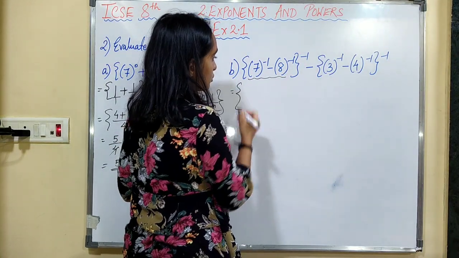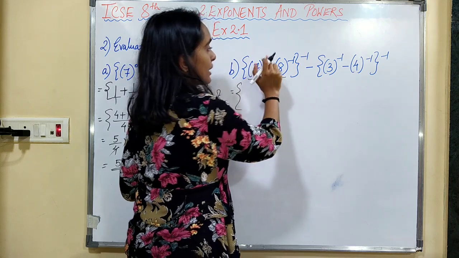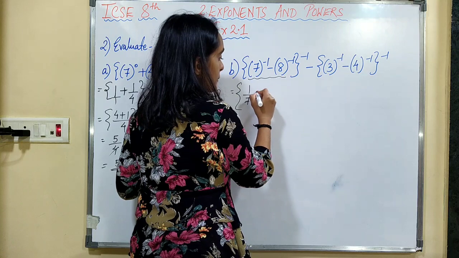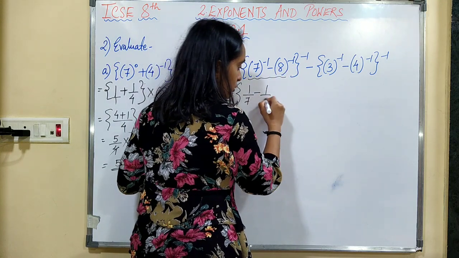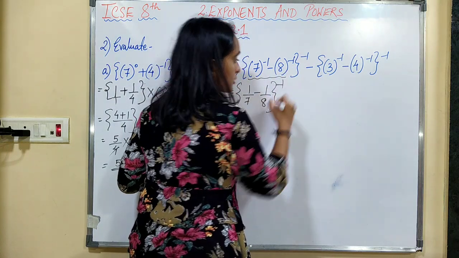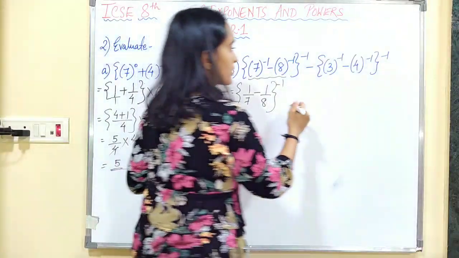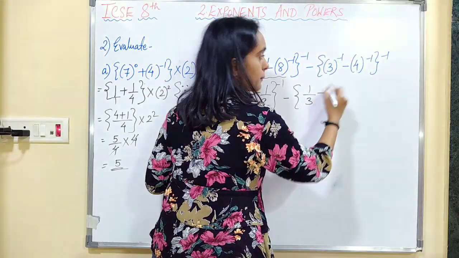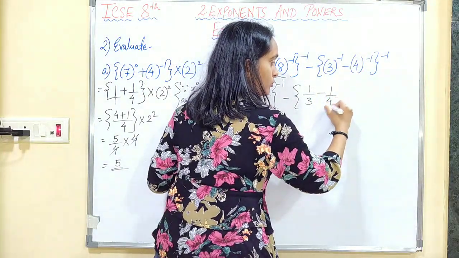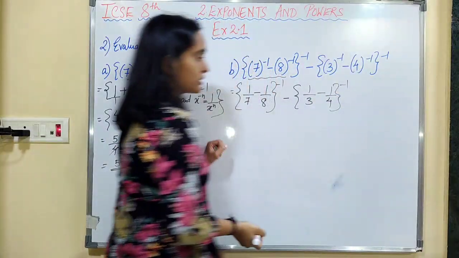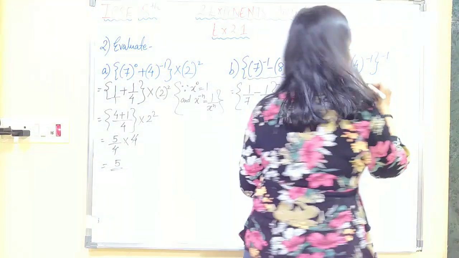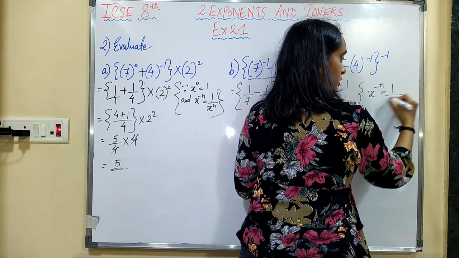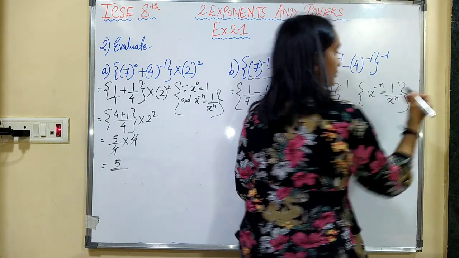So this will be 7 raised to minus 1, so it will be 1 upon 7, minus this will be again 1 upon 8 raised to minus 1, minus again here 1 upon 3 minus 1 upon 4 raised to minus 1. So here we use the law x raised to minus n equals 1 upon x raised to n.